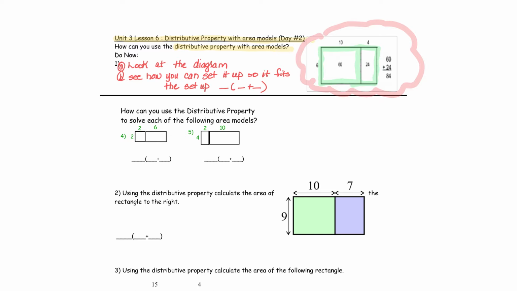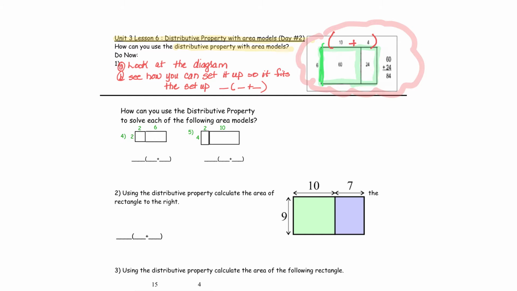What the distributive property tells us is that with this entire diagram, we can use the width here of 6 and then combine the length of 10 plus the length of 4 and multiply the 6 by each one.